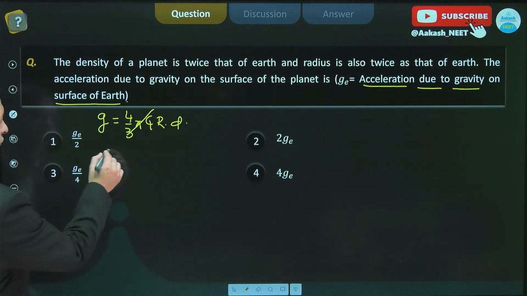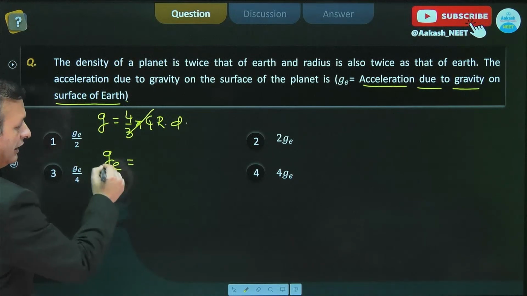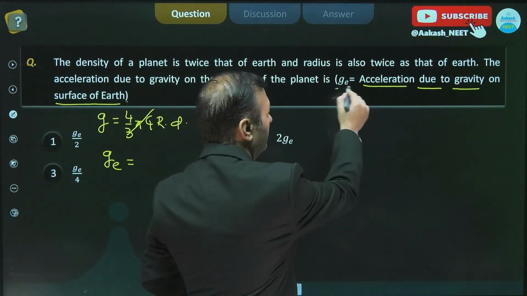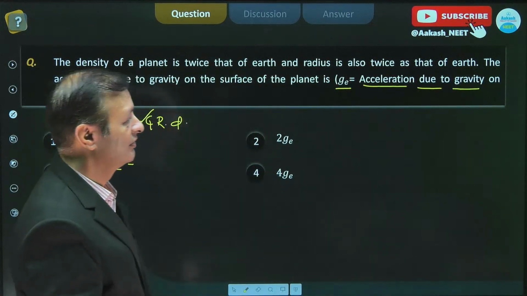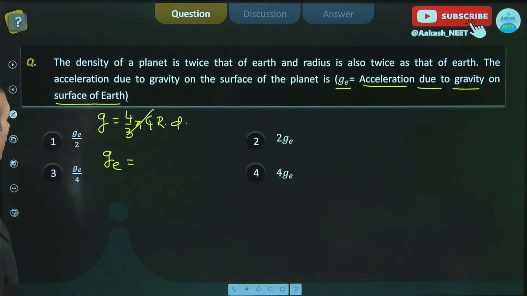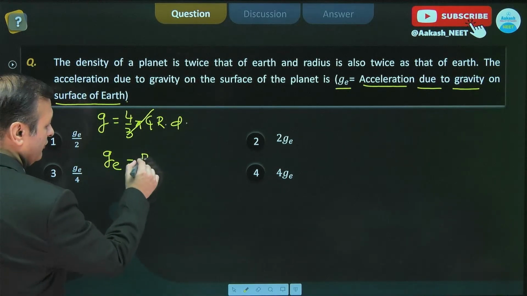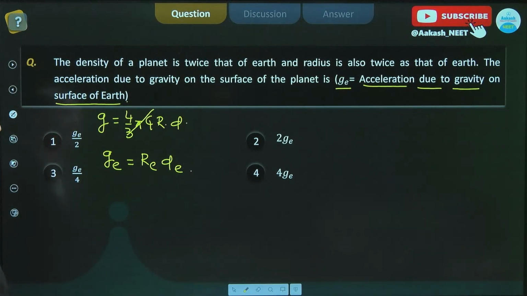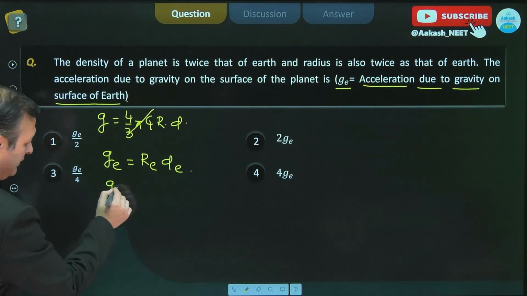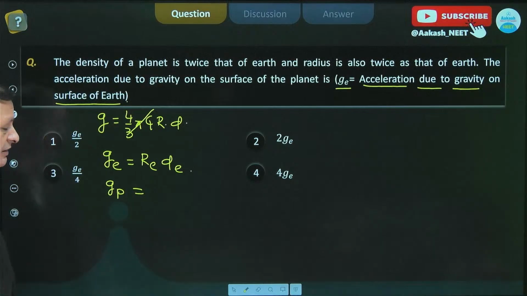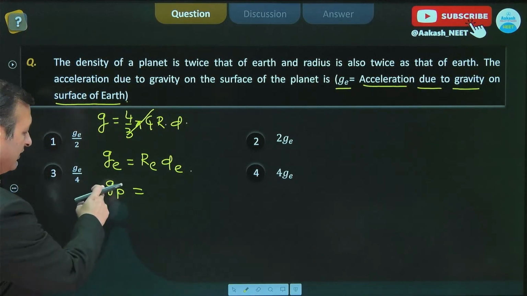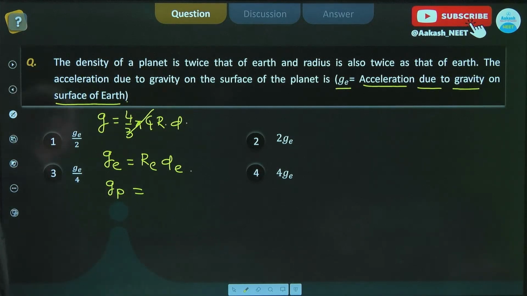So for Earth, I am putting it as GE, and they are also referring GE as acceleration due to gravity on surface of Earth. So this is radius of Earth and density of Earth. For planet P, let's refer to this planet P. Its value is written as GP, that is acceleration due to gravity on the surface of a planet.